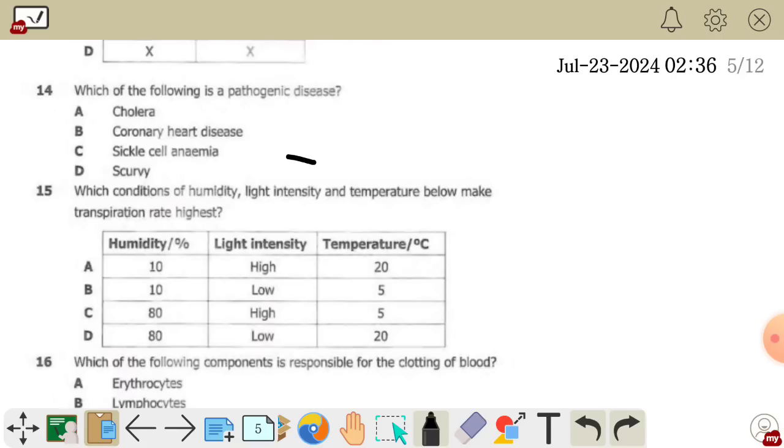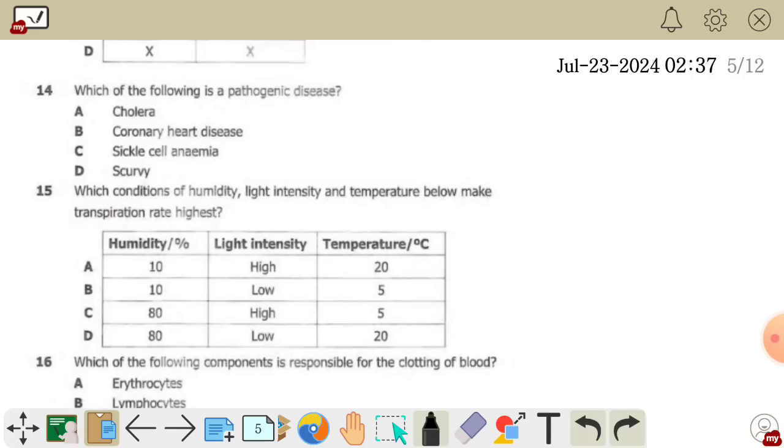Then light intensity should be high and the temperature must be high, so that the transpiration rate will be high. So the correct answer here is A.